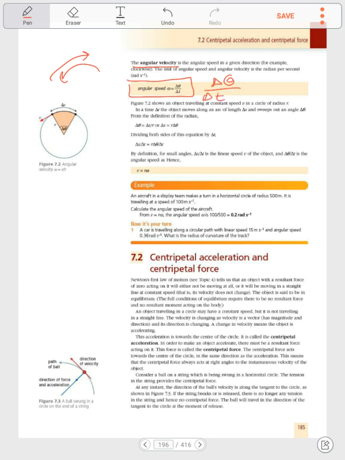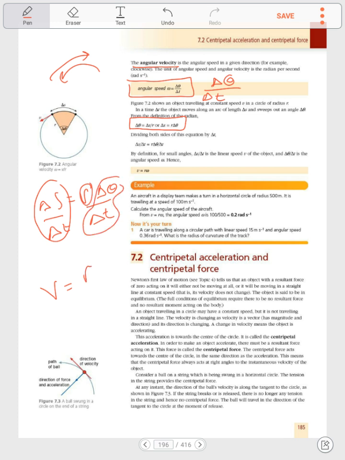So we have delta theta equals S over R, the length of the arc divided by the radius, or delta S equals R multiplied by delta theta. If we divide both sides by the time, we have distance over time, which is speed, equals the radius times the change in angle per unit time, which is the angular speed.